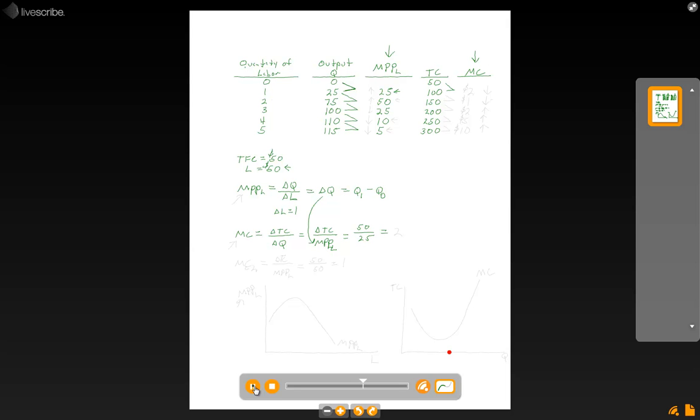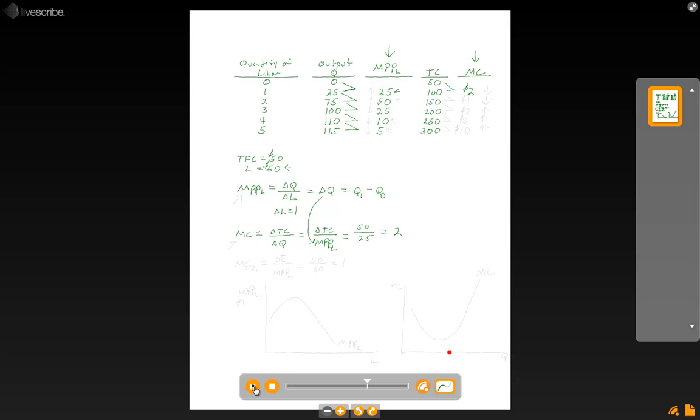So 50 divided by 25 is going to give us $2. So our marginal cost, our additional cost of hiring that worker, is going to be $2.